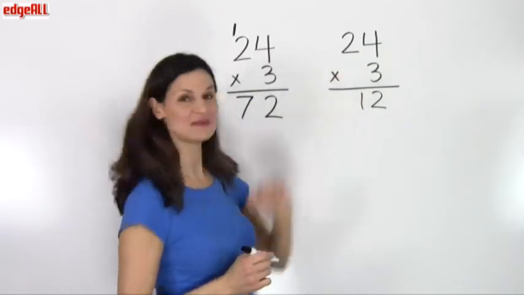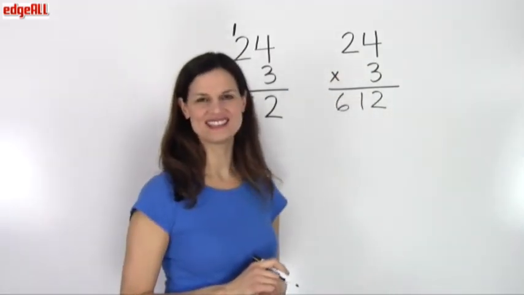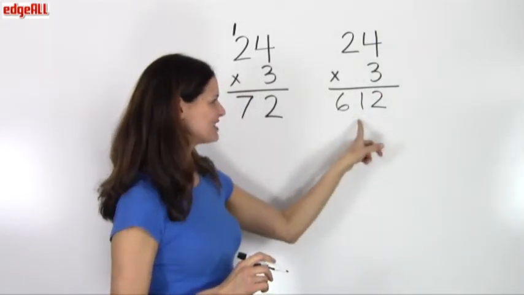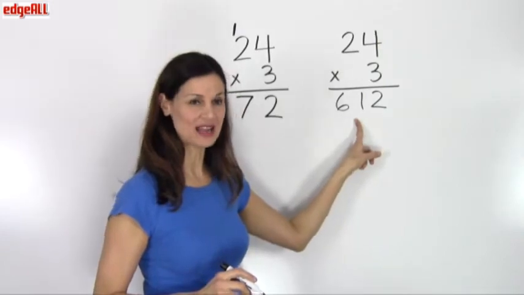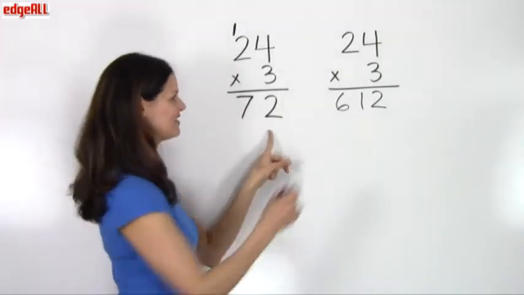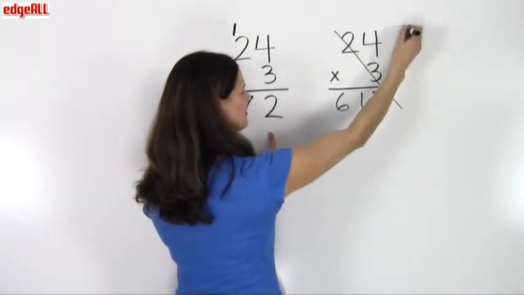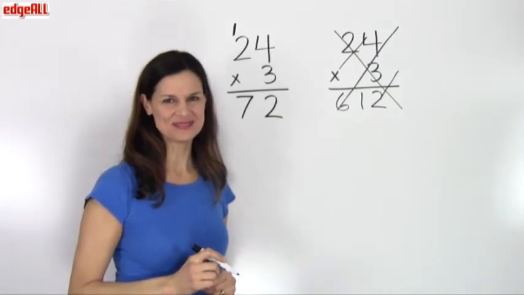And then I said, oh, 3 times 2 equals 6, and I wrote my answer here, 6. You can see that the answer I get from not regrouping is very different than the correct answer of 72. So we don't want to do our problems like this. We don't want to forget to regroup.